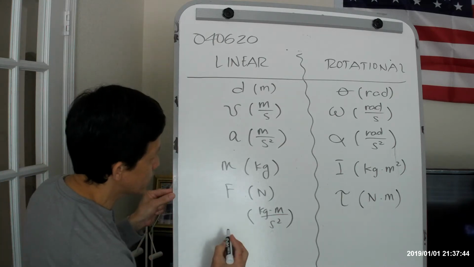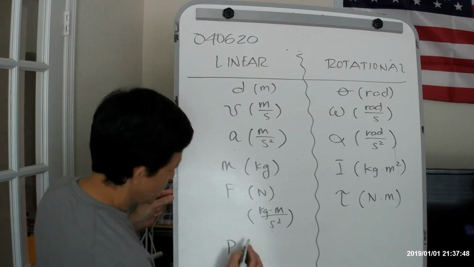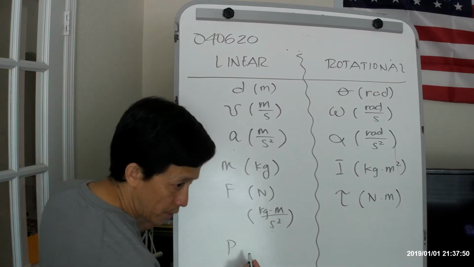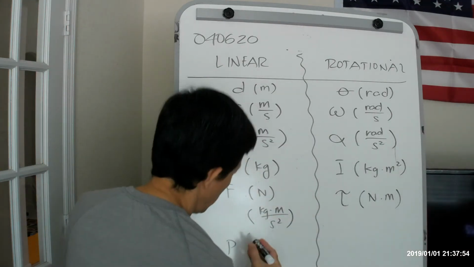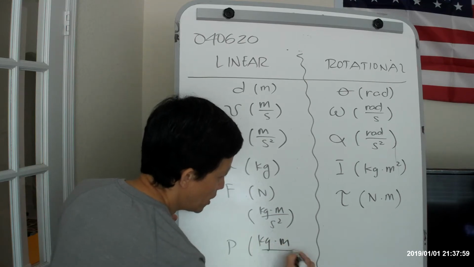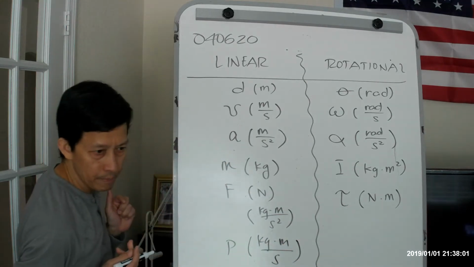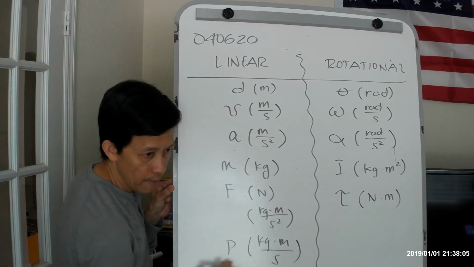Then what's next? Momentum, P. So we express linear momentum in kilogram meter per second. Remember this? Mass times velocity, linear momentum.